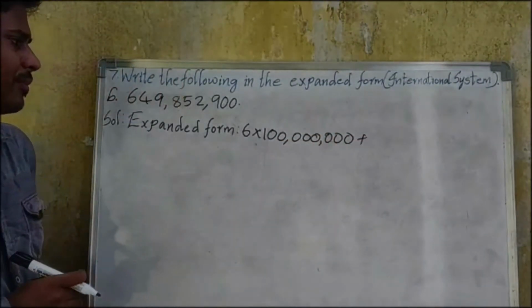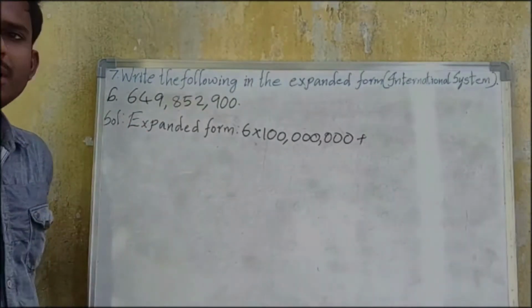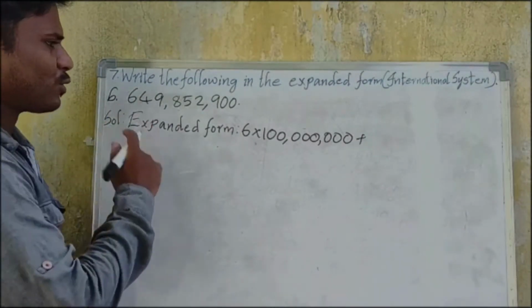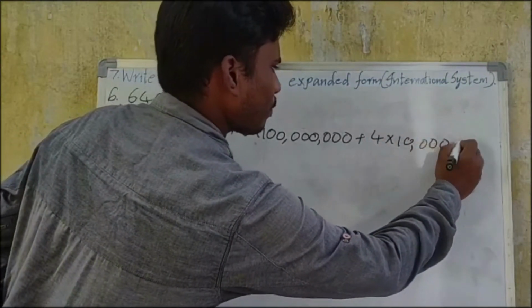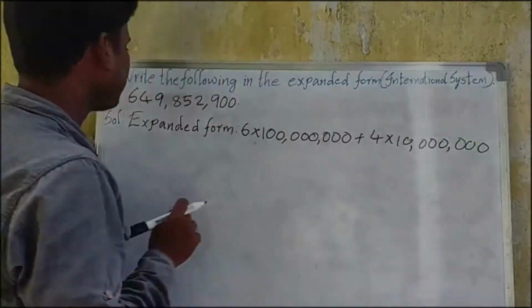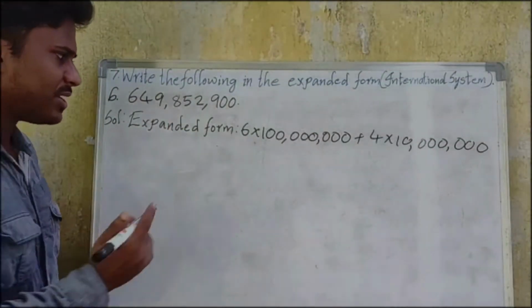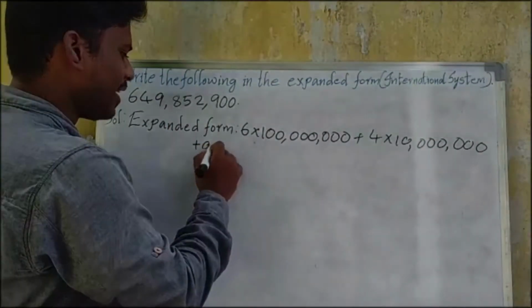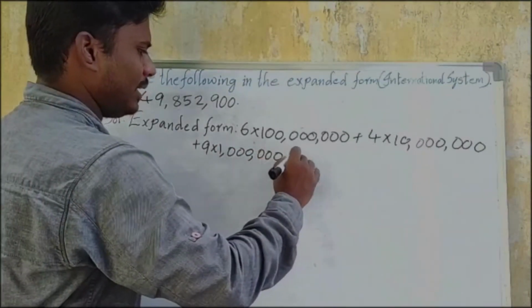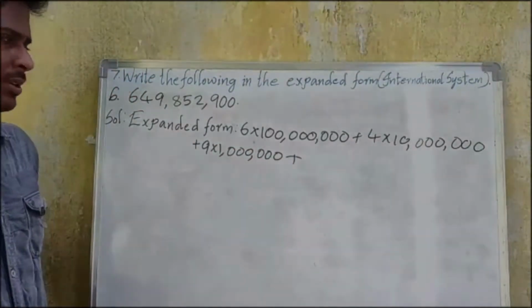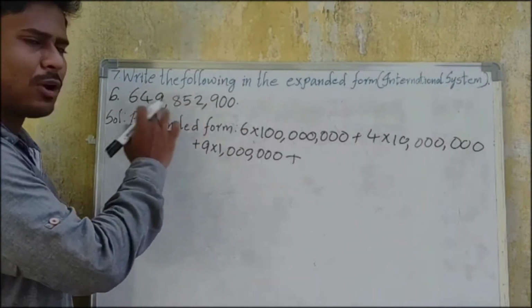Next, in the 10 million place, which digit we have? 4. So 4 into 10 million. Then in the 1 million place we have digit 9. So plus 9 into 1 million. After that, next period, thousands period.